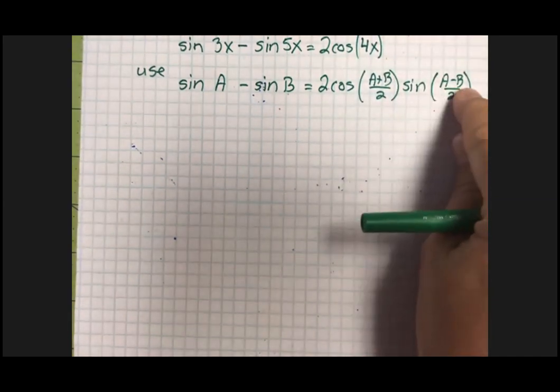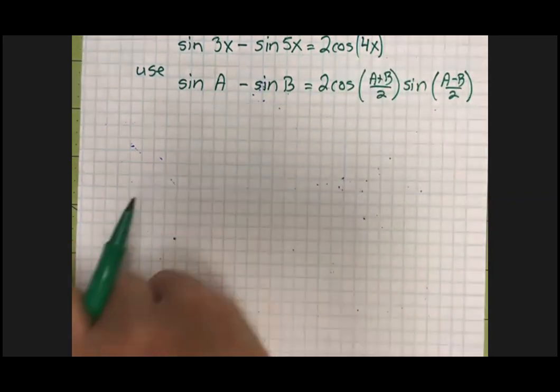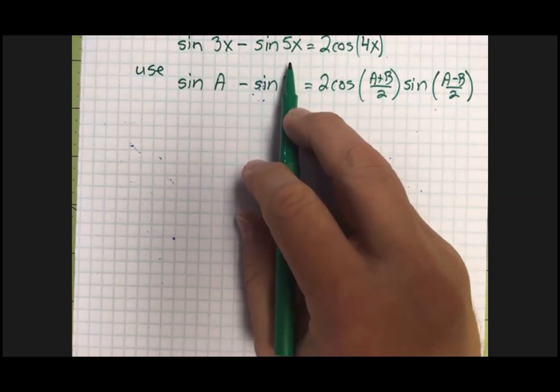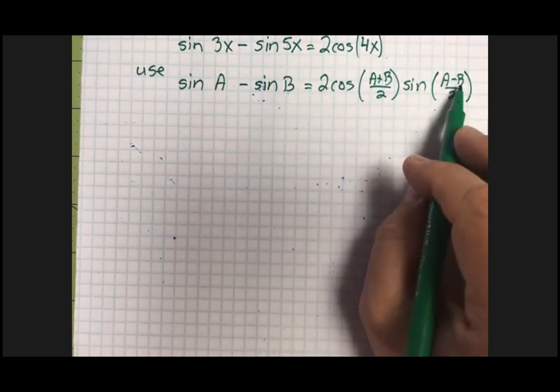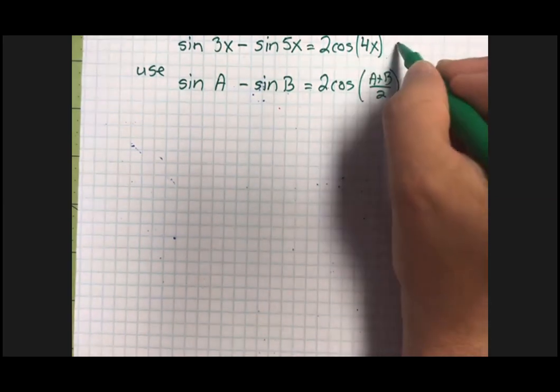How about A minus B over 2? Be careful with your signs. If A is 3x and B is 5x, then 3x minus 5x is negative 2x. And negative 2x divided by 2 is negative x.